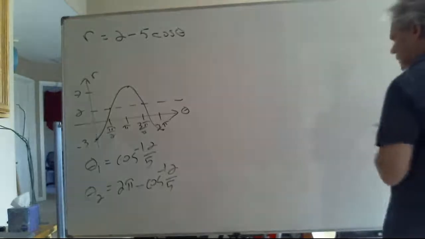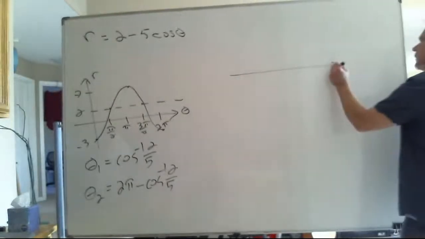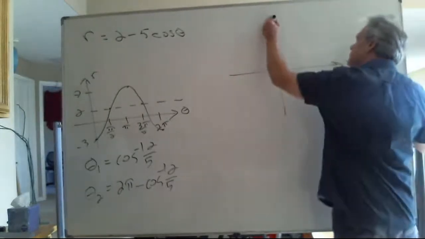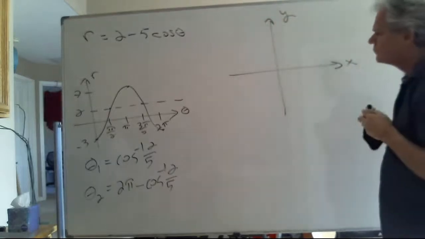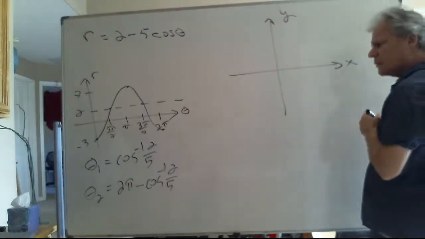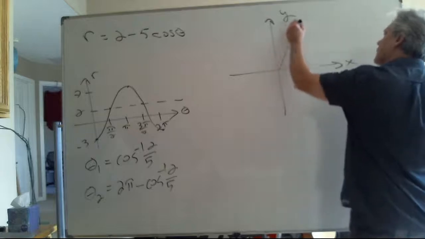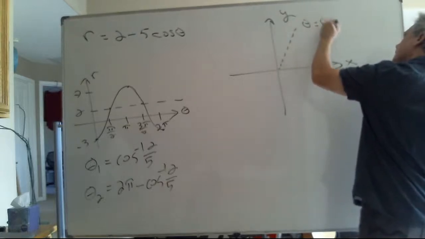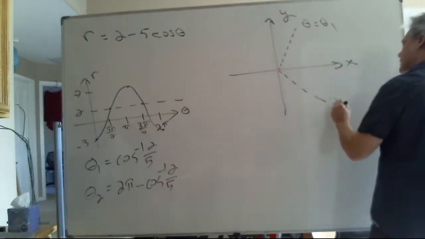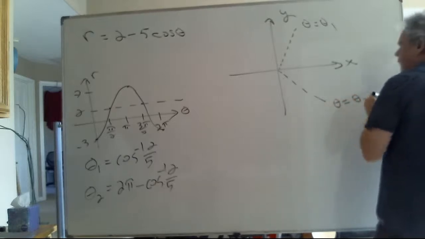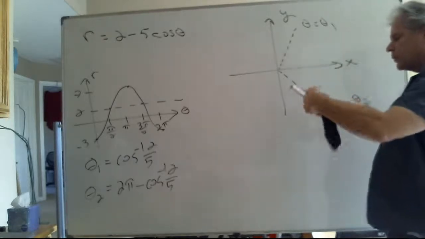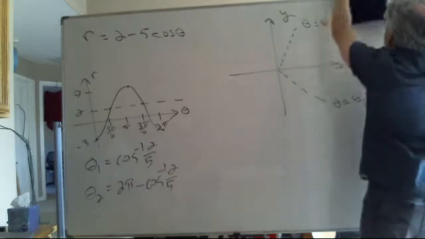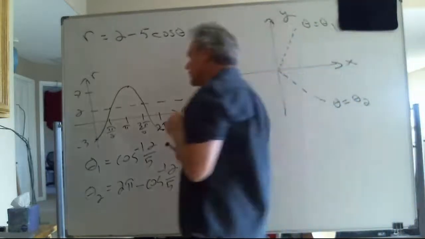Now, that being the case, in the XY coordinate plane, let me go ahead and plot those two special angles. Here's theta equals theta sub 1. Here's theta equals theta sub 2. And let's quickly sketch out the polar graph and compute the length of the arc along the inner loop of this limaçon.